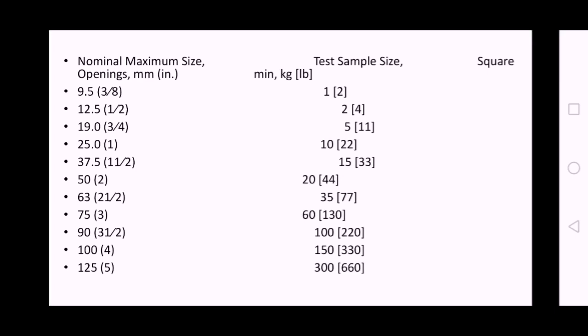For example, if nominal maximum size is 9.5 mm, we need 1 kg of sample. If 12.5 is the nominal maximum size, we need 2 kg, and similarly for 19.0, 25.0, the required quantity is written here.